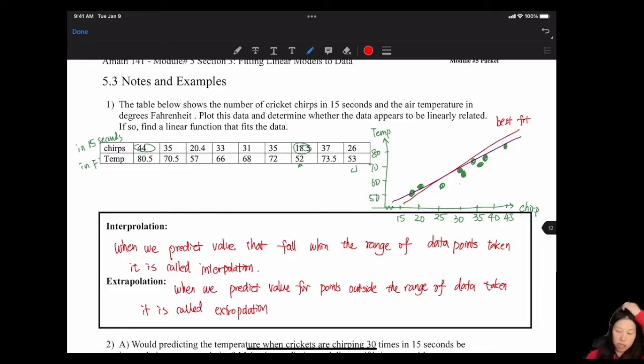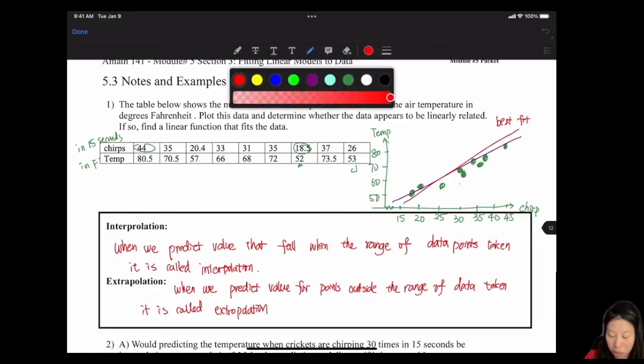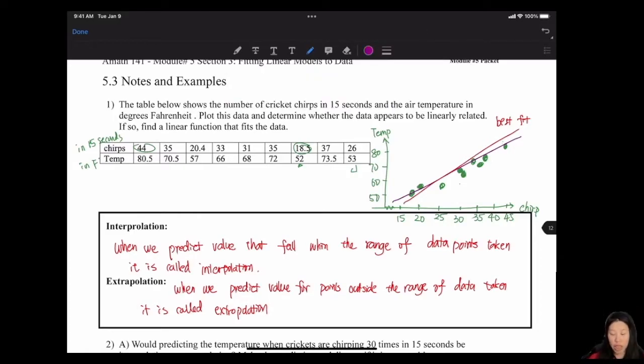So now take a look. The difference is that interpolation means the value we predict is within the range, and extrapolation means it is outside of the range. That's the difference. Okay, I'm going to give you an example.